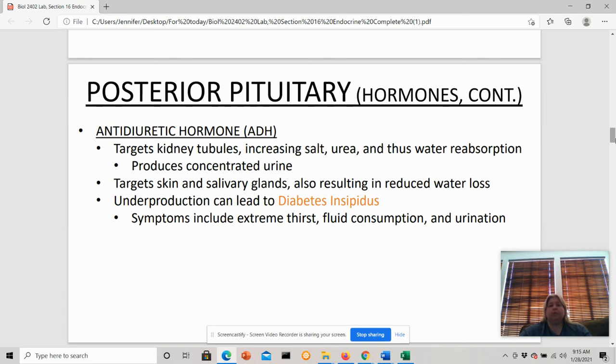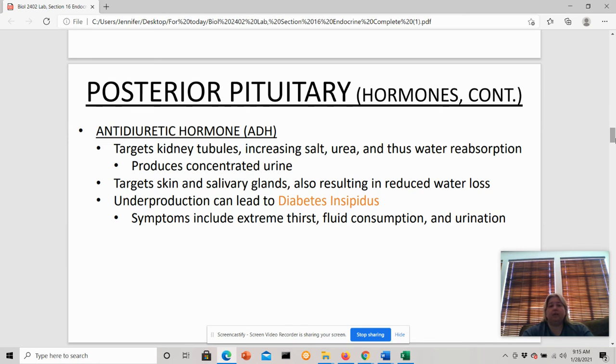And this is basically going to lead to a production of concentrated urine. So a diuretic is something that's going to make you urinate, make you produce volumes of urine. So an antidiuretic hormone is something that's going to make you conserve water. So you're going to produce a less volume and more concentrated urine. This is also going to target the skin and salivary glands to reduce water loss.